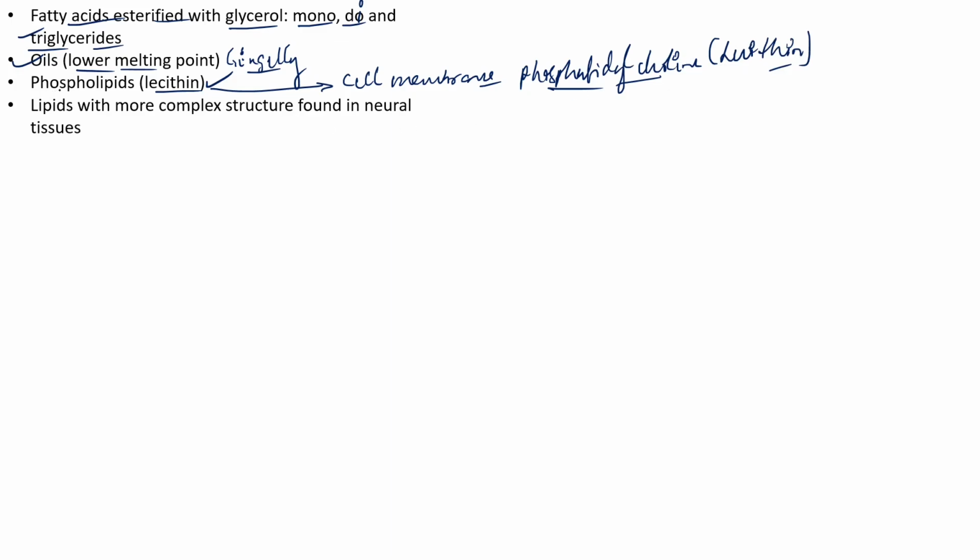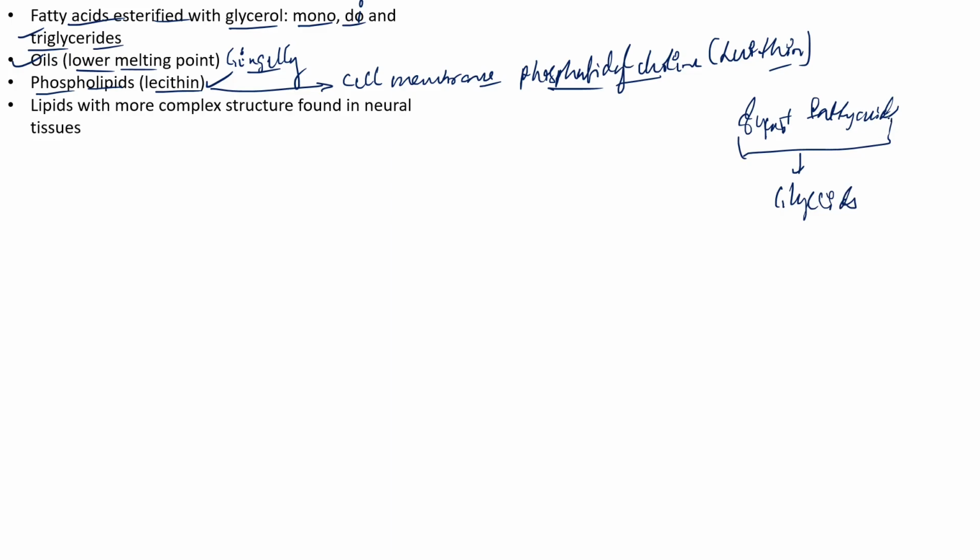And why are they called phospholipids? Because fatty acids plus glycerol give us glycerides. Remember, if there are 3 fatty acids, we call it a triglyceride. If it is a single fatty acid, it is called a monoglyceride.